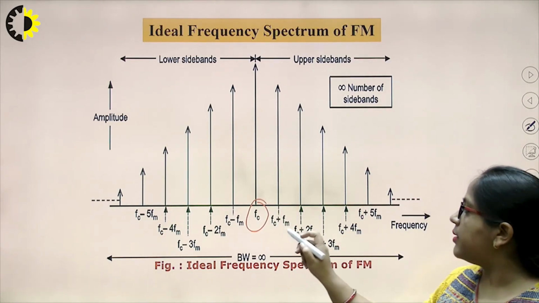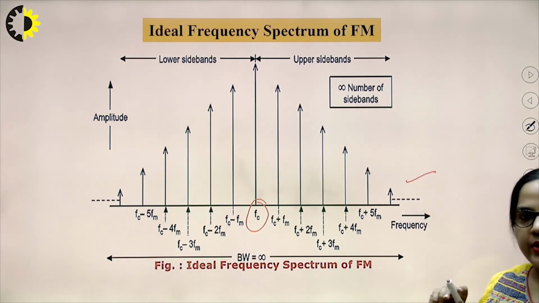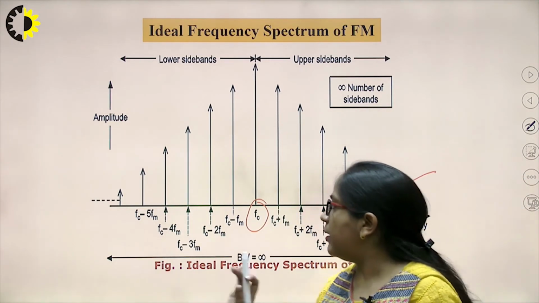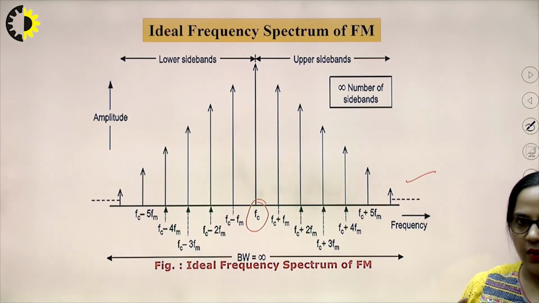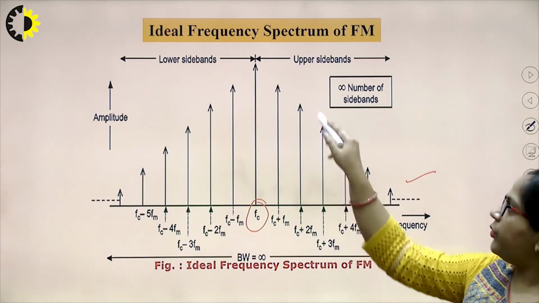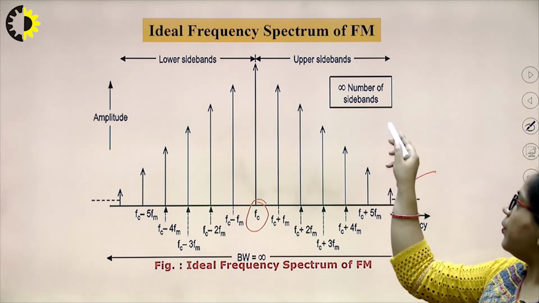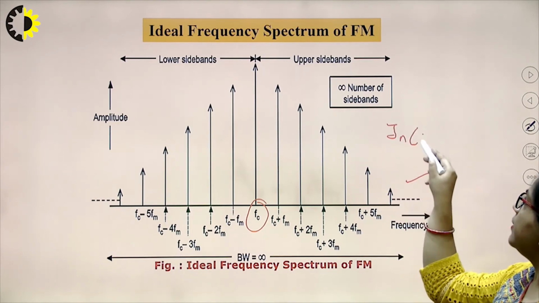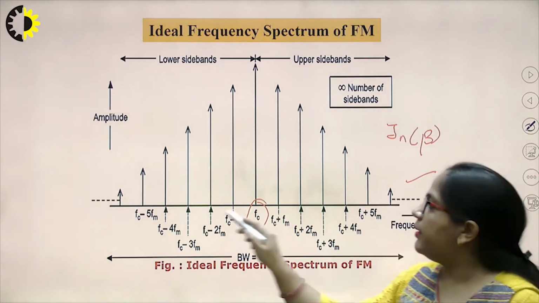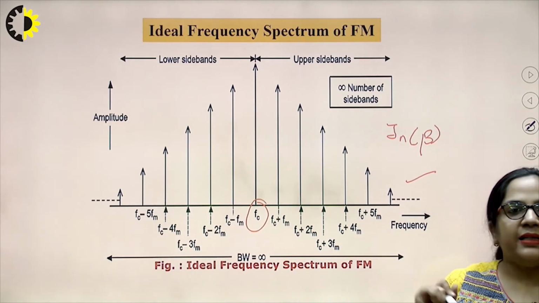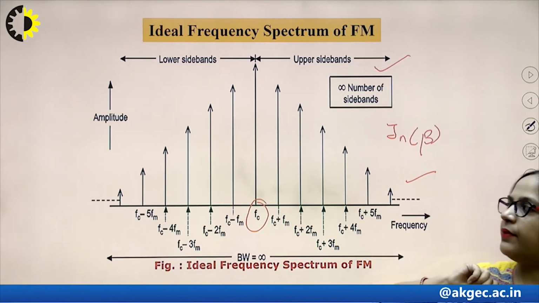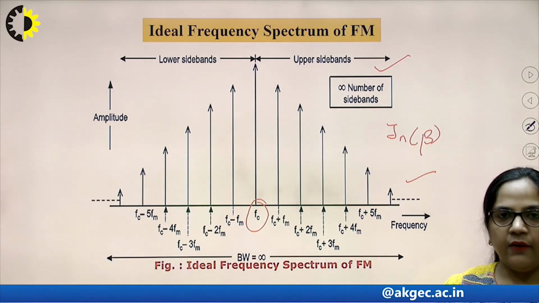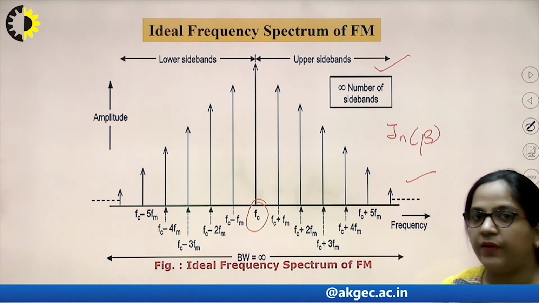Right of the carrier signal we will get infinite number of sidebands, and also going towards the left of this Fc we will get infinite number of lower sidebands. The amplitude of these sidebands will depend upon the value of Jn beta, that is the Bessel function. The number of sidebands existing in the ideal spectrum will be infinite. This indicates the theoretical bandwidth of frequency modulated signal is infinite.